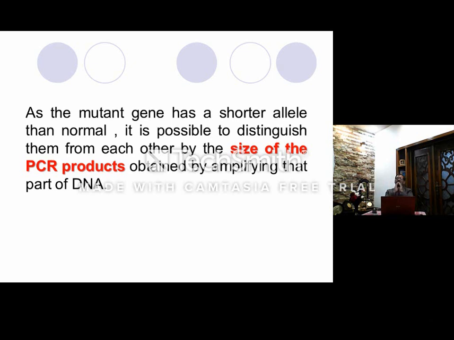So I expect that the mutant allele, and when I say allele, I mean the copy of that particular gene, is going to be shorter than normal by 3 bases. If I can detect that by PCR, then I can prove the diagnosis, and I will show you how.